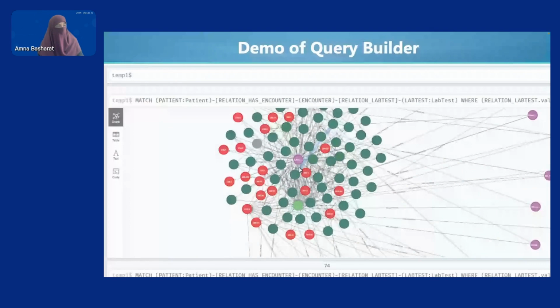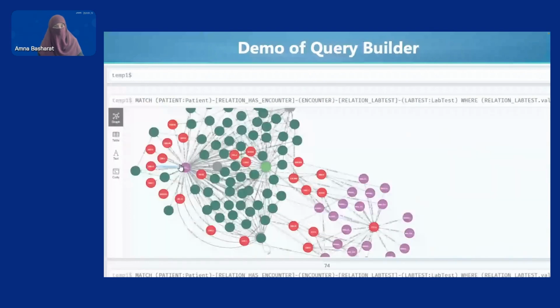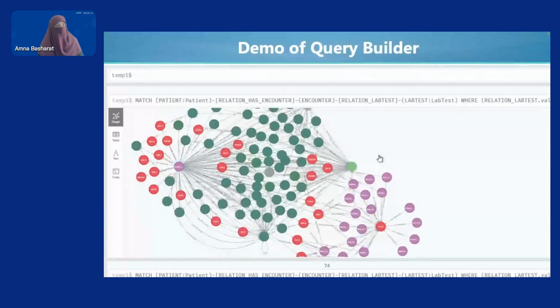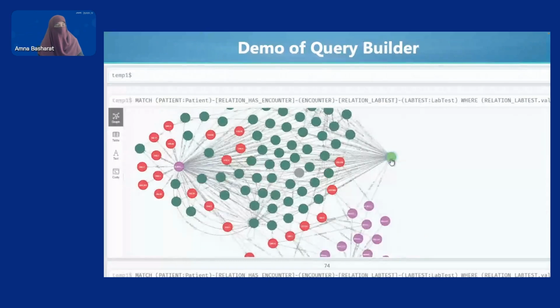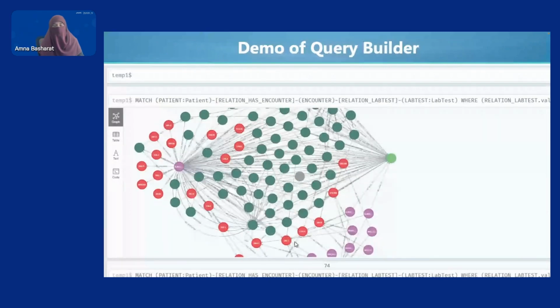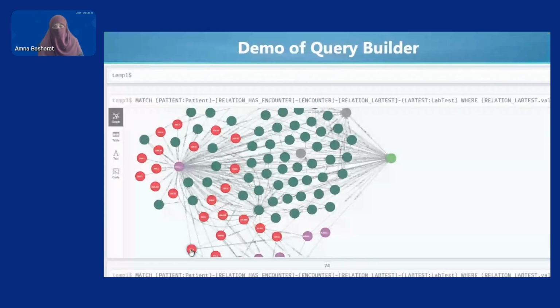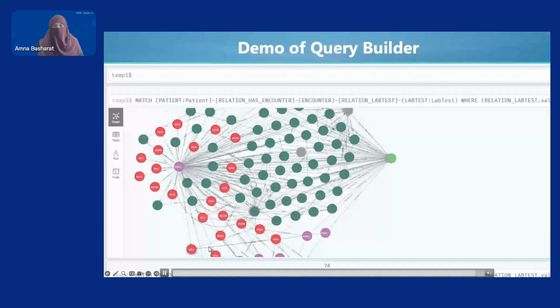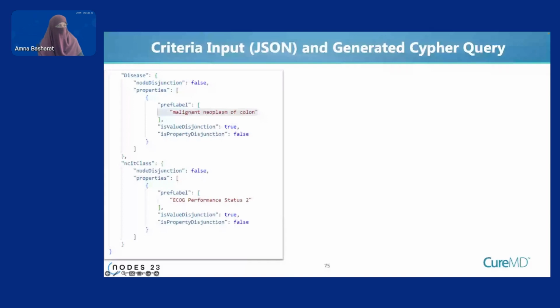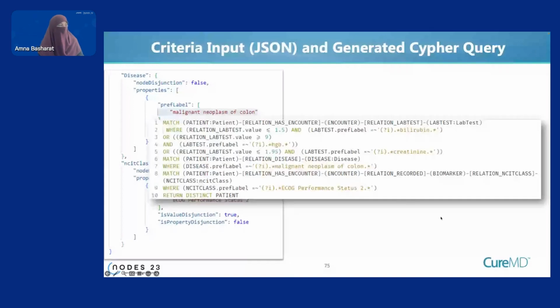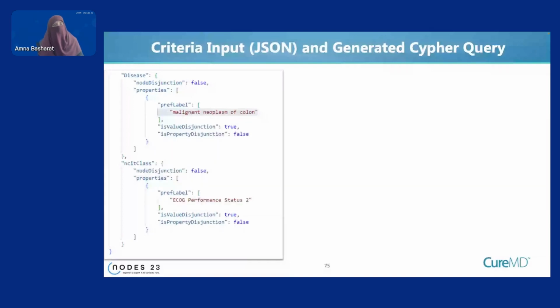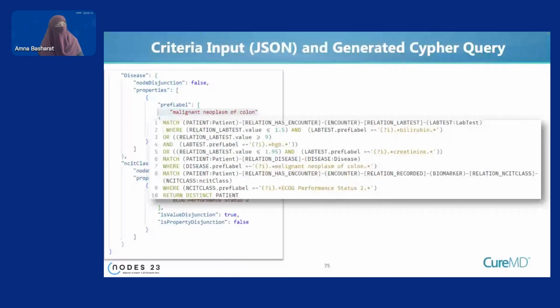The red nodes are the disease or the diagnosis. And then there are several other relationships with, for instance, the providers, the disease, the biomarkers, and so on. So this is the snapshot of the criteria and the snapshot of the query that was generated.